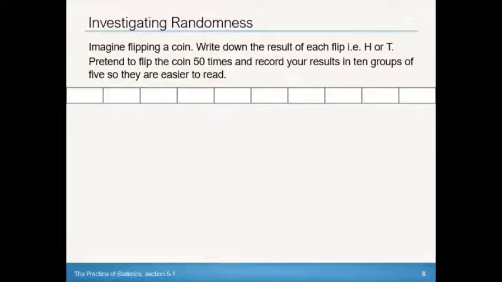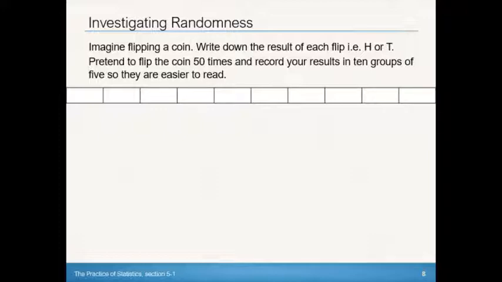So pause this video and take a minute. In each one of these rectangles, write down 5 letters, heads or tails, for the results that you would predict, for a total of 50 heads and tails as you go across. So pause this video and do that.